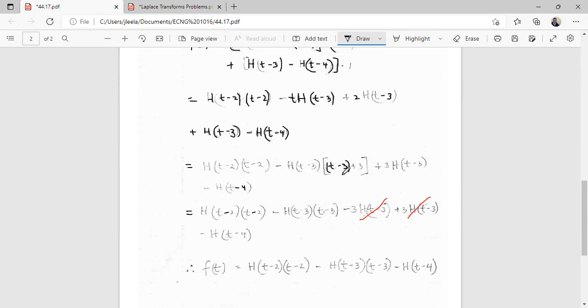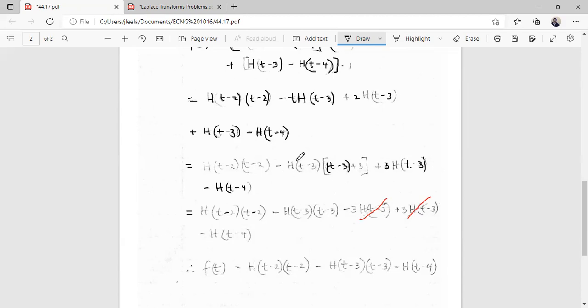But now if I use the distributive property here, this is 2 H(t-3) and H(t-3), so I end up with 3 H(t-3) from the third and fourth terms respectively. And then I have to subtract H(t-4).